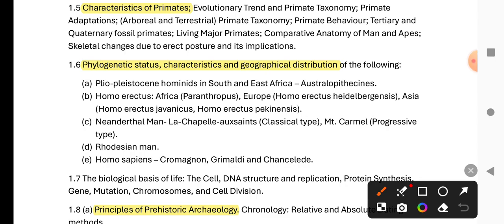This is the distribution of Australopithecus in the African subcontinent. Now the physical features.